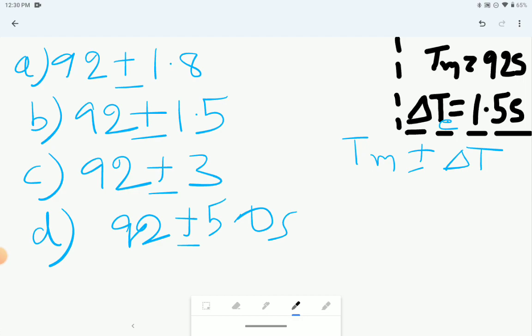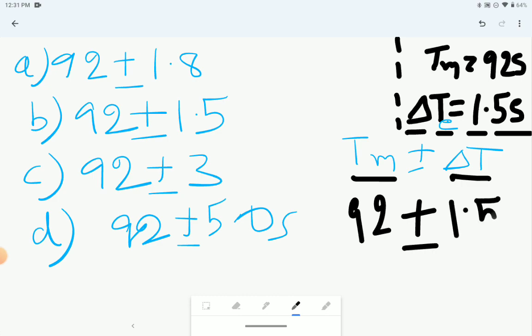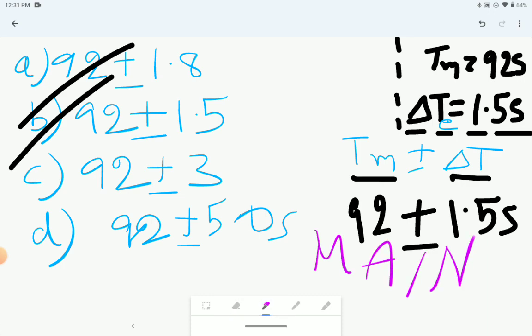So mean time is given by mean value or true value plus or minus mean of absolute errors. The mean value came out to be 92 seconds, and the mean of absolute errors came out to be 1.5 seconds. So the correct answer is B. This is that simple. This is actually a mains question. See how easy it is if you learn the topics.